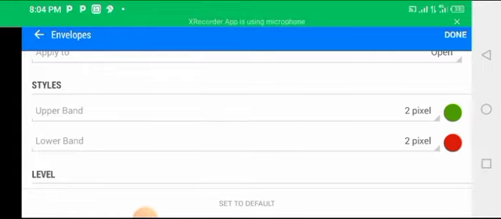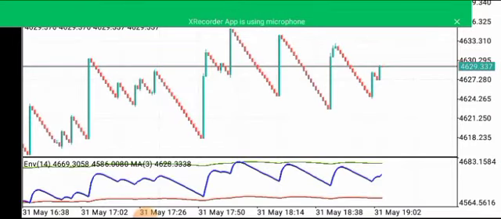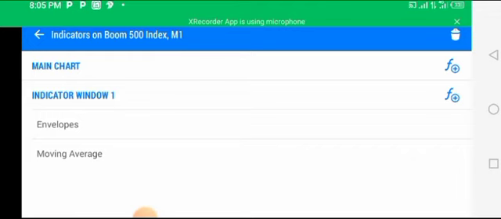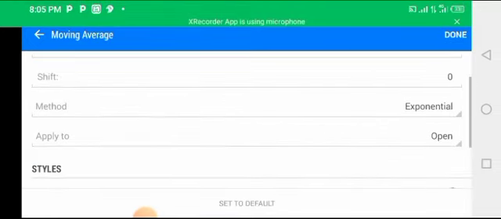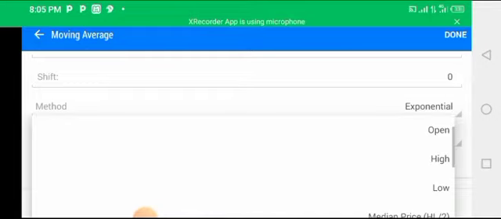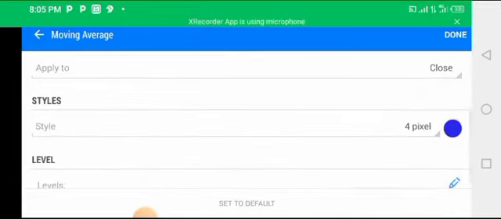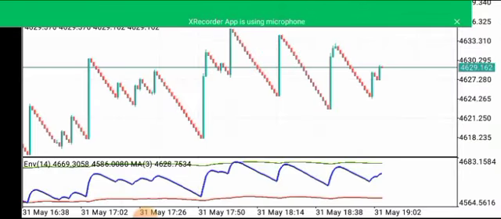So upper band is 2 pixel green, lower band is 2 pixel red, and done. Then you go to your indicators again, your moving average: period 3, shift 0, method exponential, apply to close, style 4 pixel blue, then done.